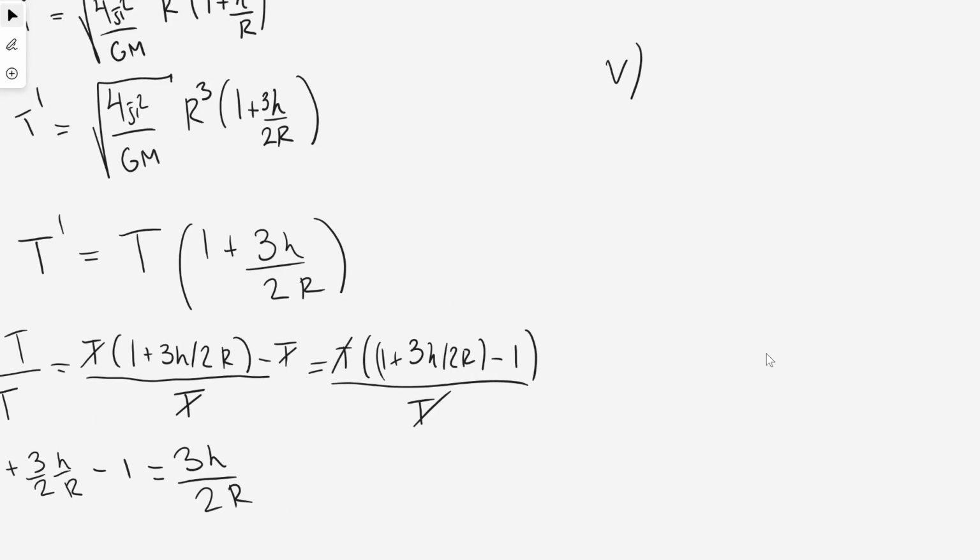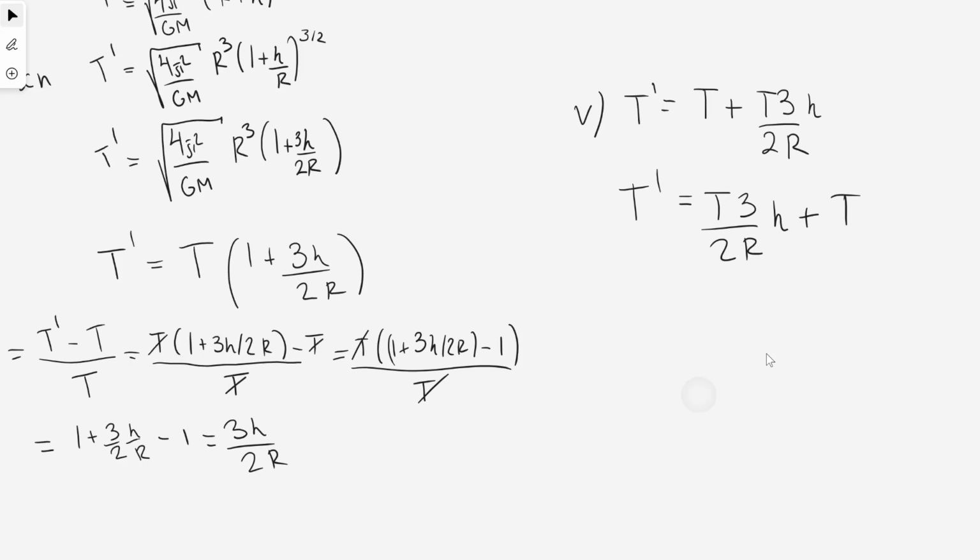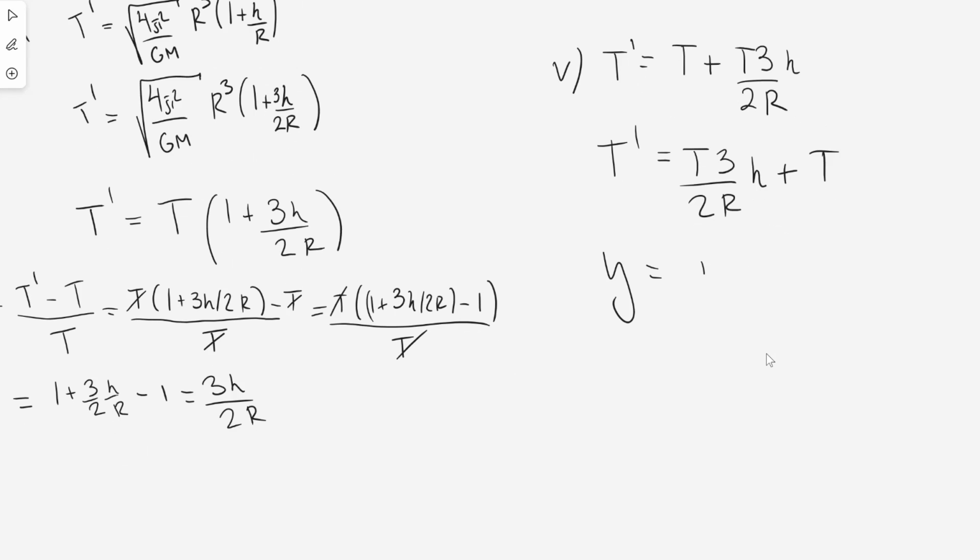So let's solve part 5 just here. I'm going to say that T prime is equal to T plus T times 3h over 2r. So I'm just going to rewrite this as T prime is equal to T times 3 over 2r, times h, plus T. Well, this is now beginning to look like y equals mx plus c.